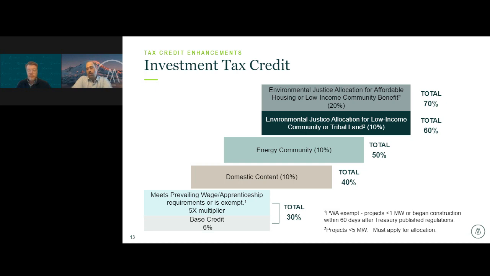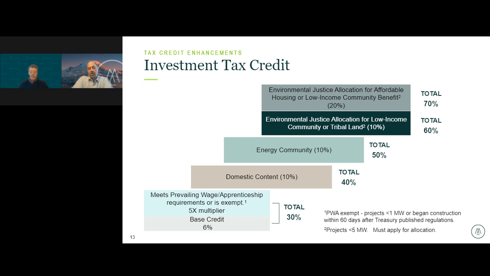So we start there at that base credit amount, like we talked about. If we just take a solar facility as a classic example, and you've got a $100 solar facility, you're going to start out with a $6 credit for placing that solar facility into service. And then the first multiplier and the most significant multiplier is the prevailing wage and apprenticeship requirement, which is a 5 times multiplier.